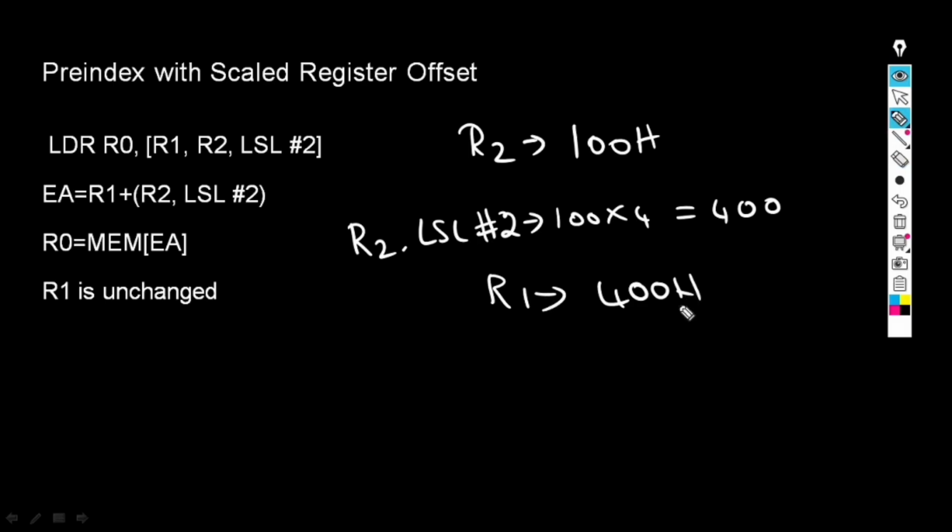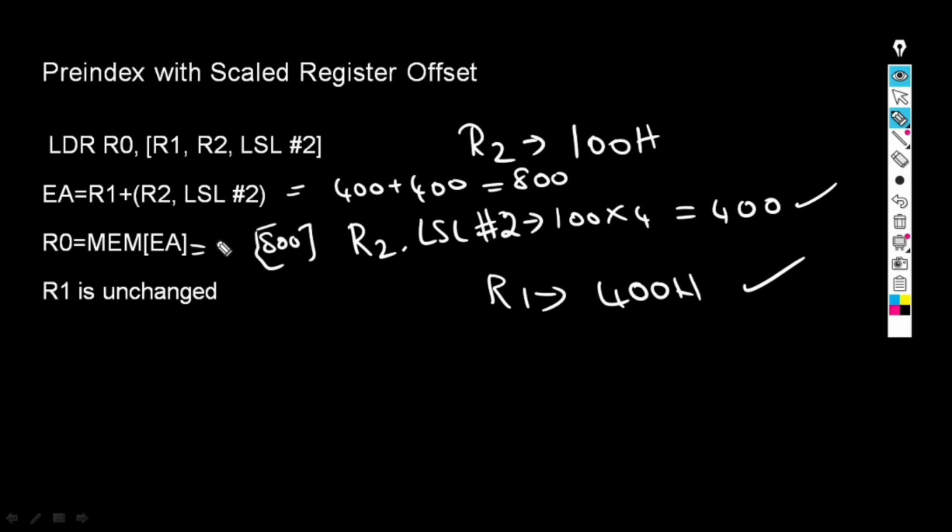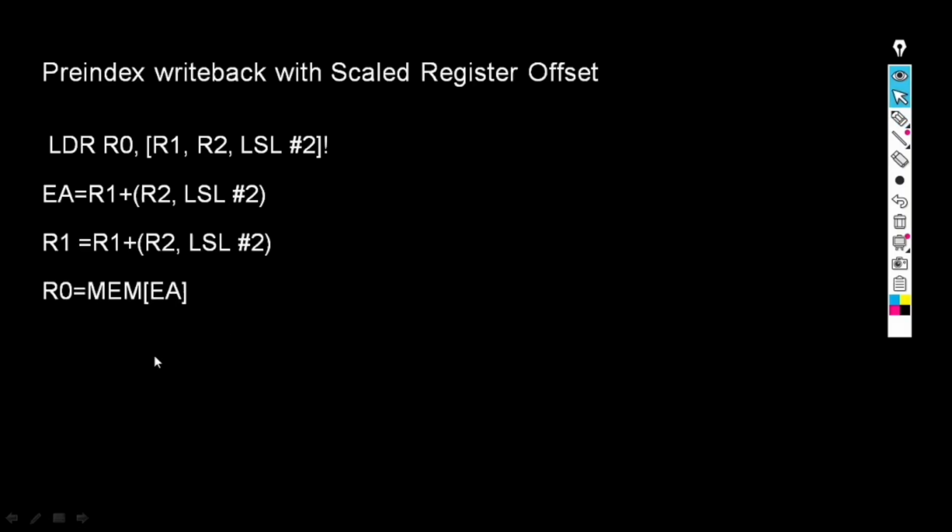Now this is 400 and this calculated value is also 400. So what is the effective address? 400 plus 400, which is 800. Then from this memory location 800, we are loading the value and placing it in register R0. But what happens to R1? It remains unchanged.